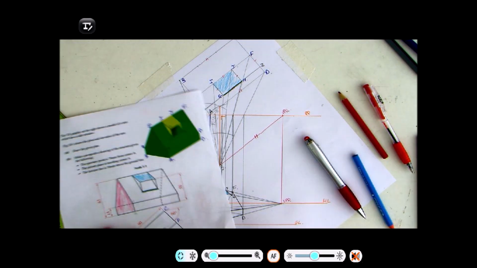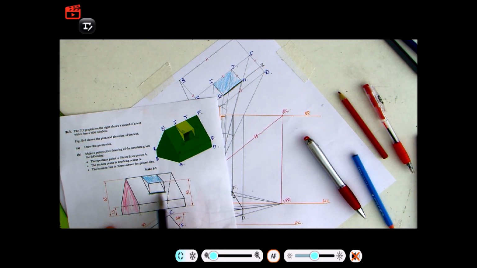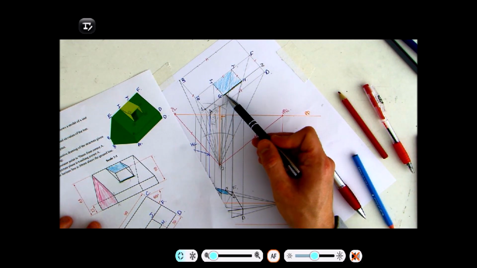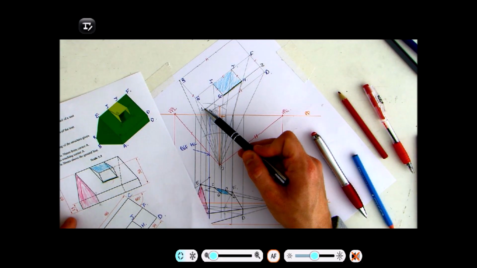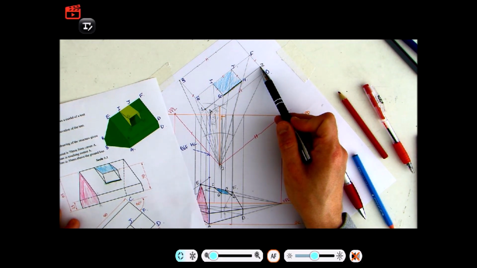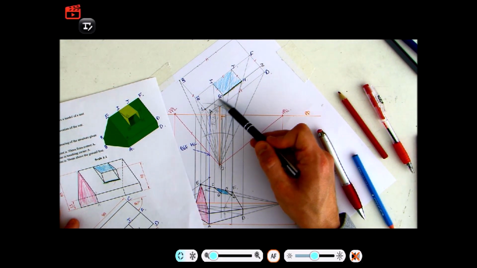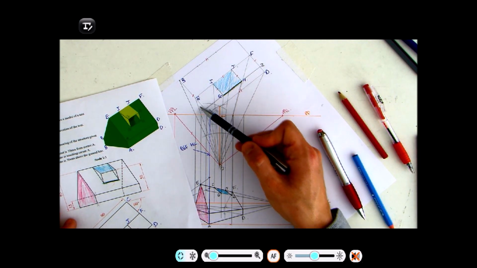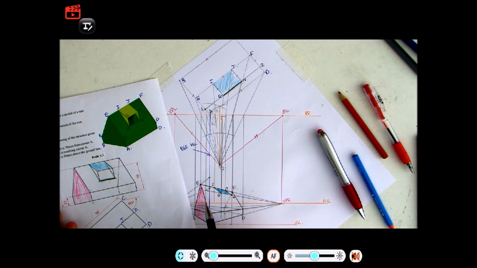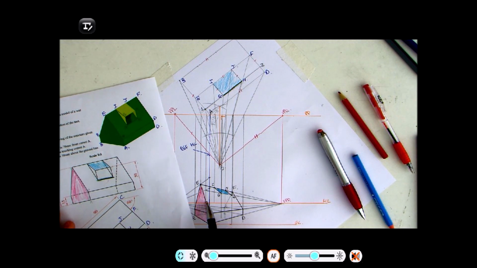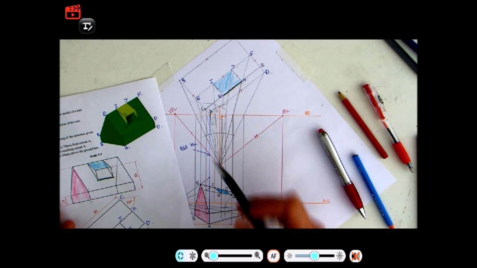How do I find that? Well, what I need to do is, it's at a certain height. And it's at a certain height, and 1 is at the same height. And 2 is at the same height. So what I can do is, I can bring 1 across, and wherever that crosses the sloped line of AE, which is here, if I bring that point back to VPR, I will find the correct height of the bottom of G and H. That's the line I'm trying to find.